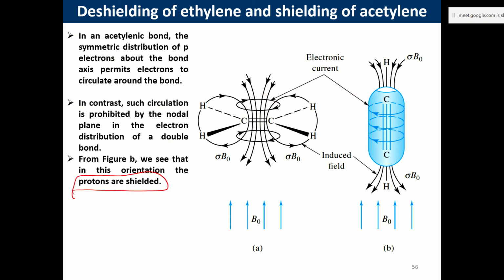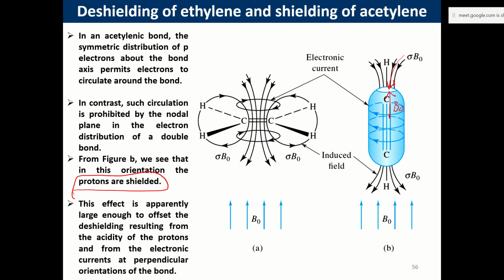That is what I was talking about: the induced field is opposing the applied field. B naught is in this direction and sigma B naught is in the opposite direction. This effect is very large. Whenever you have a ring current, that will be very large.